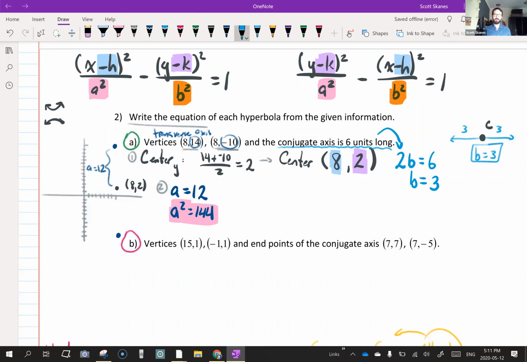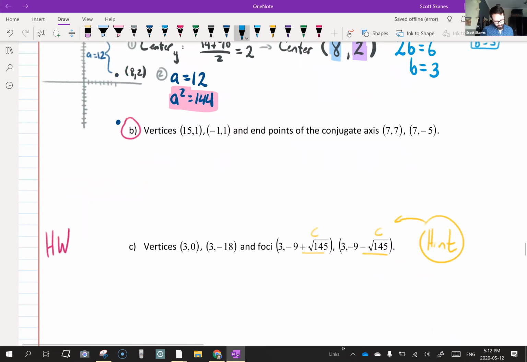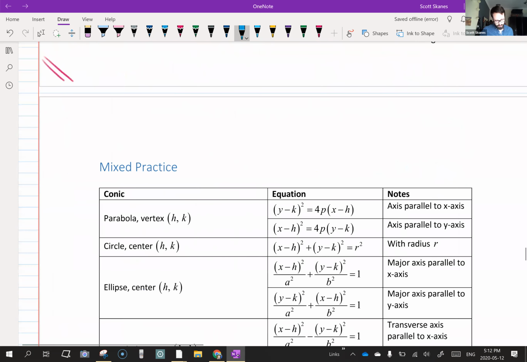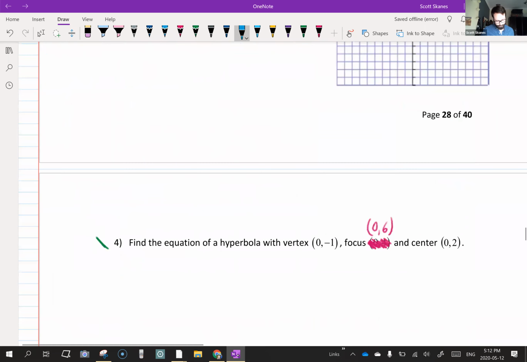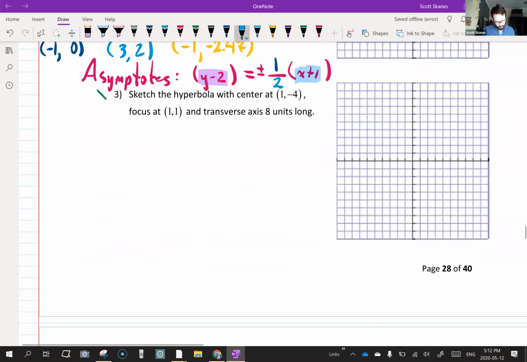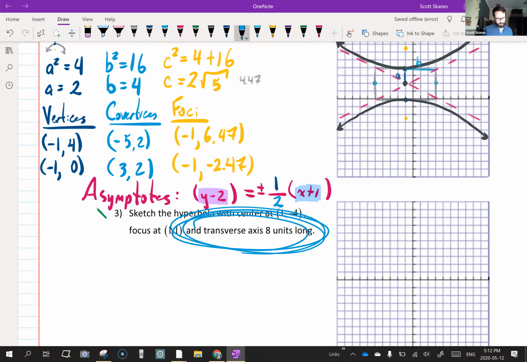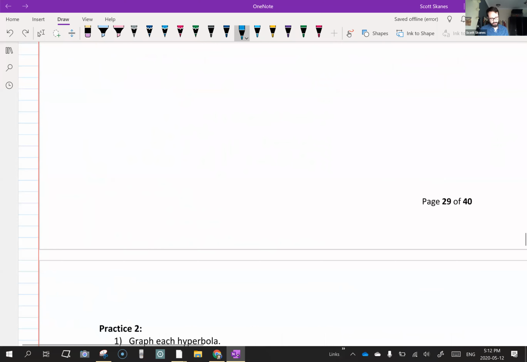Or you can think of it, if it's got to be 6 in total, then take half of it, that's 3. If it was giving you the transverse axis, which you'll notice it does sometimes, we would do the same thing. Take 8, divide it by 2, and then match it to the same thing.